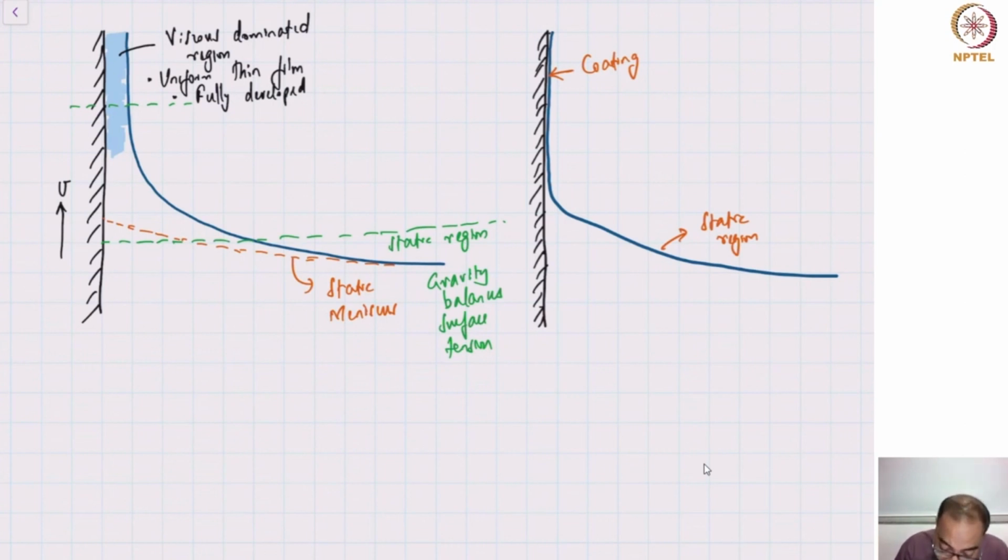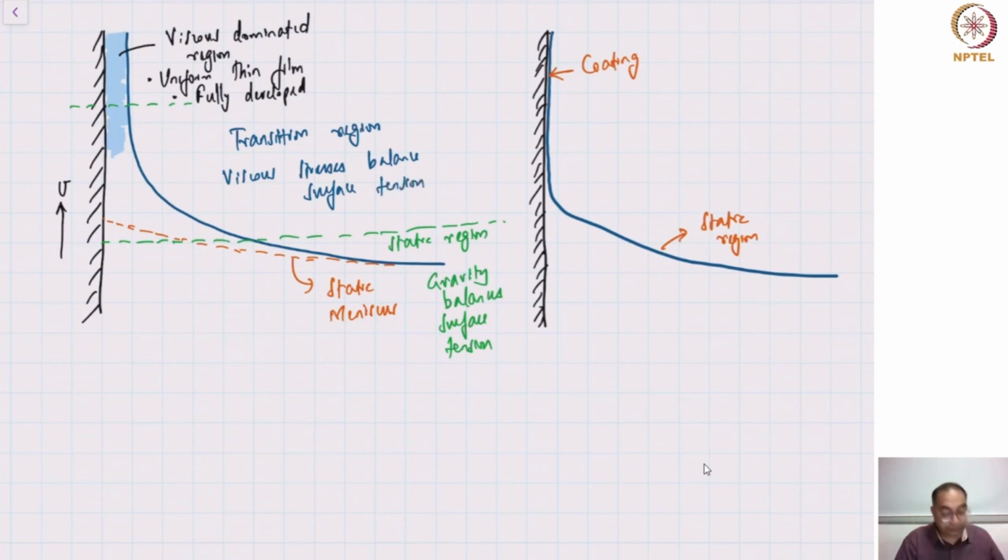This automatically means that there is a transition region where viscous stresses balance surface tension. So this is where we would think of the problem as a matched asymptotic problem, where you have different regions. You have to get solutions in different regions and match the solutions from these different regions, right?